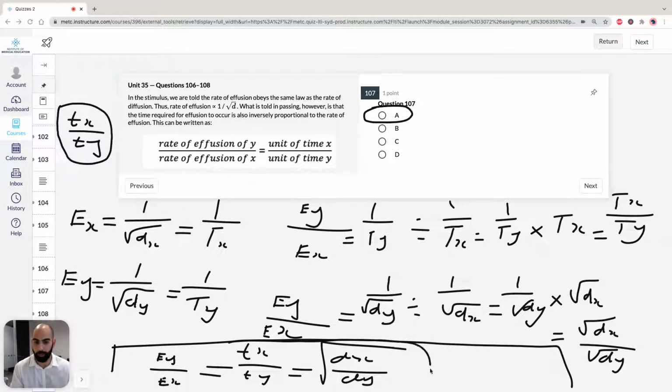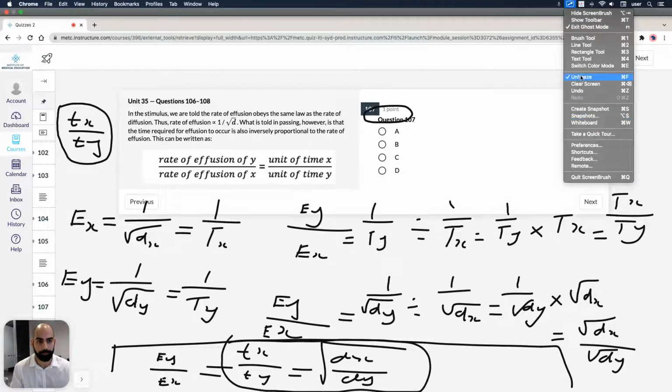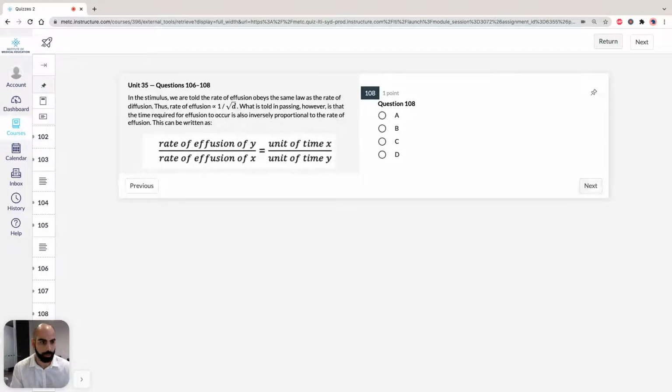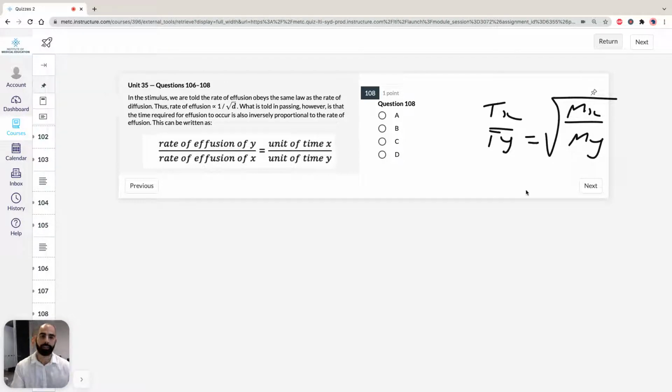So let's clear the screen here. Remember, Tx over Ty equals the square root of mass x over mass y. That's the equation we're going to use for question 108.